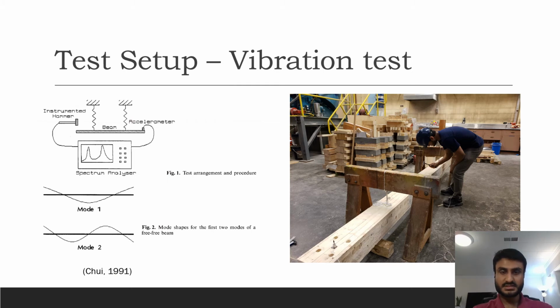The same type of CLTs used for compression tests were tested under impact vibration. For this, long CLT beams were suspended from flexible supports. An accelerometer was attached and fixed near one end of the sample. The response spectrums of the CLT due to hammer impacts along the length of the beam were recorded.